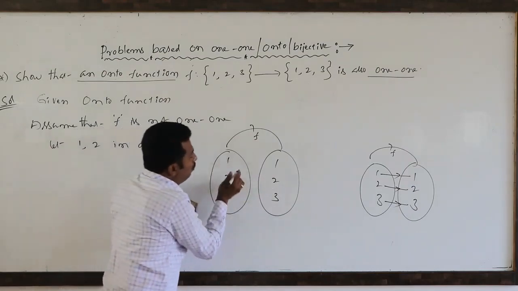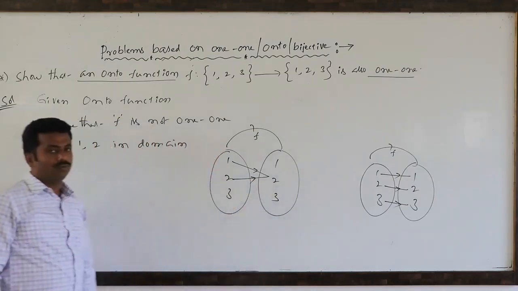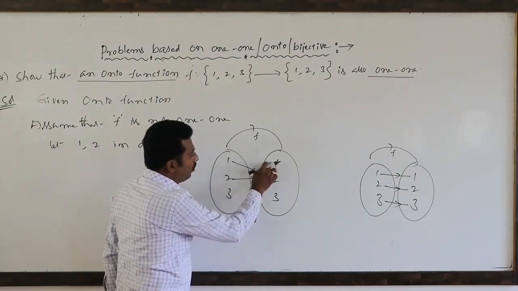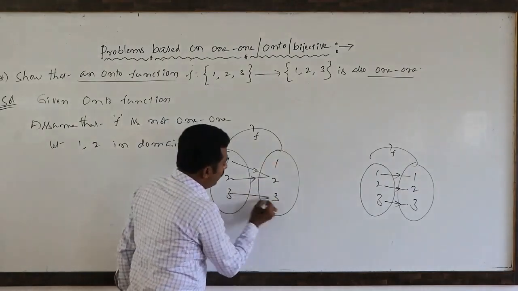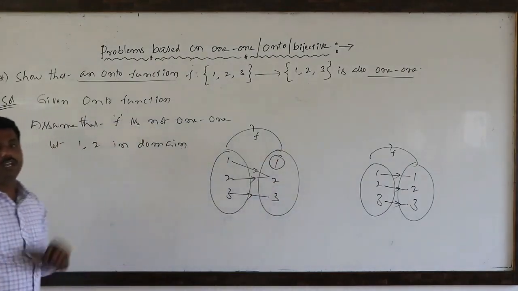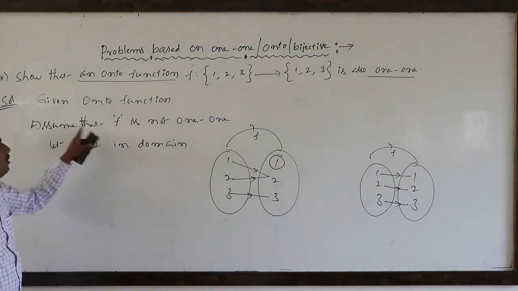Suppose 1, 2 having same image 2. Then compulsorily 3 is related to either 1 or 3. Suppose 3 related to 3, means 1 is left. This is not onto. But the given function is onto function. So our assumption is wrong.